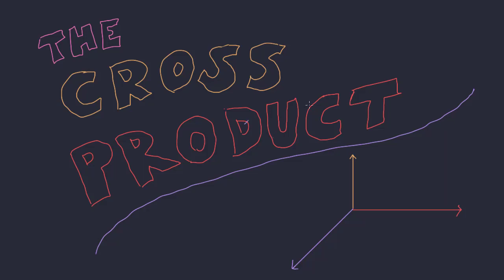Alright, hello class. In this video we're going to be talking about the cross product, and this will finish off the overall vector basics, vector arithmetic, and let us move on to actually start talking about calculus in this stuff.